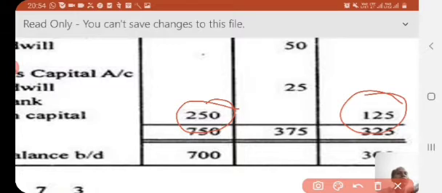So this should be in the capital account, because these two partners are bringing the cash for the capital, to maintain the capital which is mentioned in the adjustments.